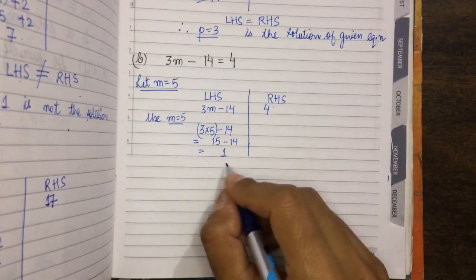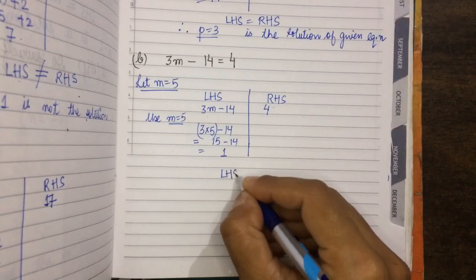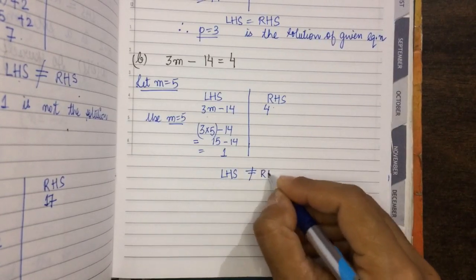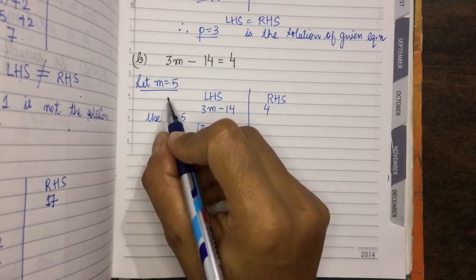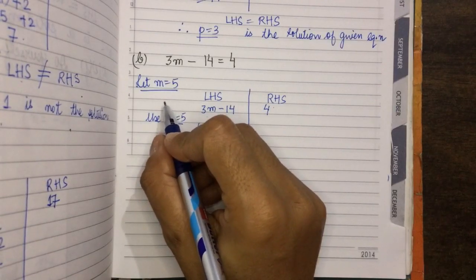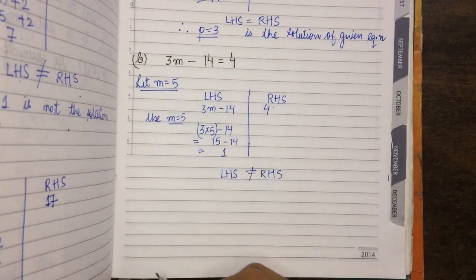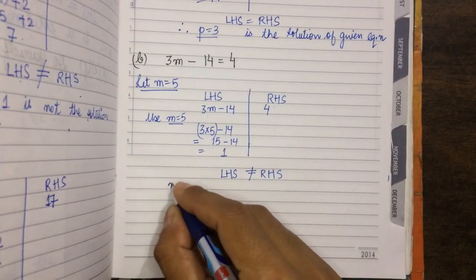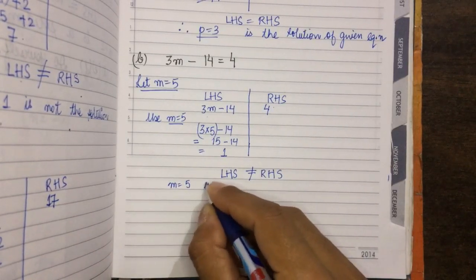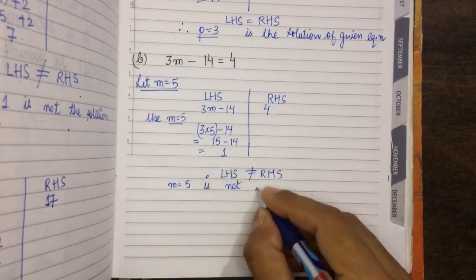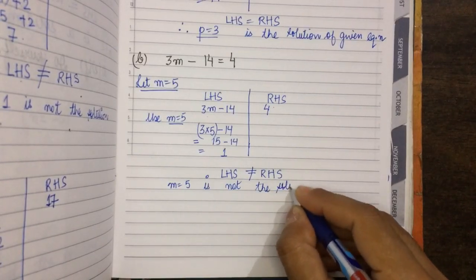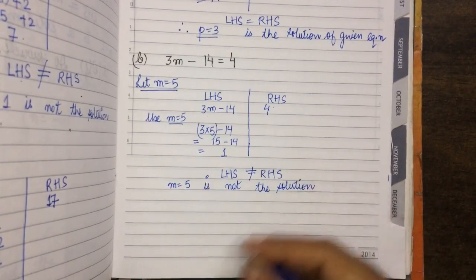Now are my two sides having equal value? No. That means this value is not right. I guessed wrong. I have to guess again. So I am going to write that this is not the solution. I will try again.